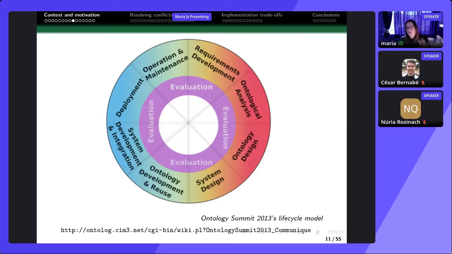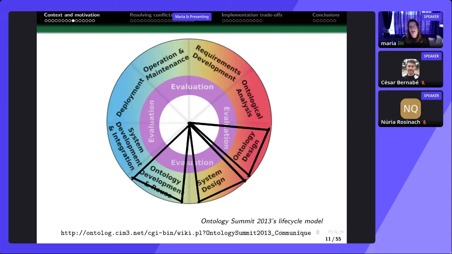So that is a different approach of looking at it. What we're focusing on in this presentation is that we can't possibly do all of those. We're going to look specifically at ontology design and ontology development, and a little bit at the system design component of it, because there's only like 45 or 50 minutes for it.